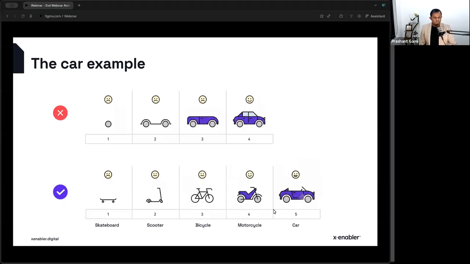This is a more agile approach. The problem statement is not that people want a car. The problem statement is it takes too long for people to travel from A to B. So the speed and the time is the problem. You can solve that problem in multiple ways.